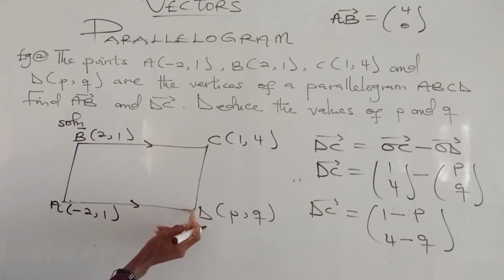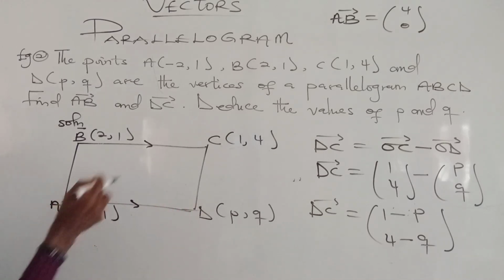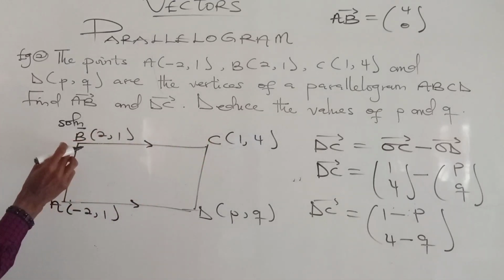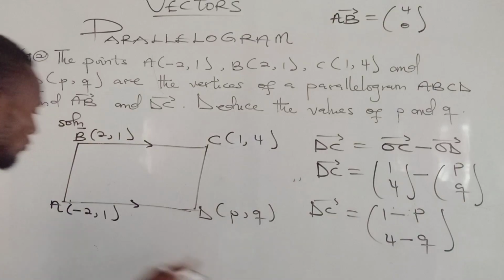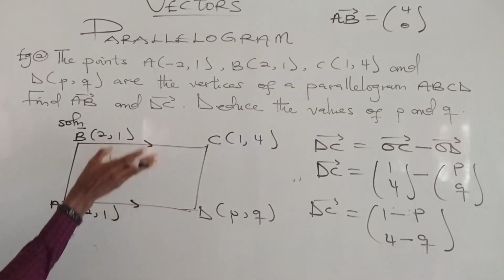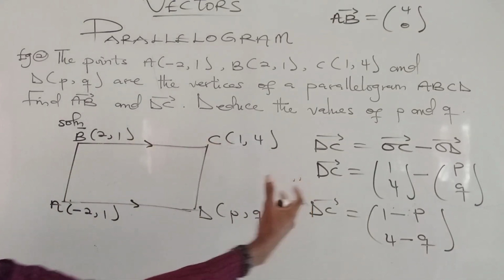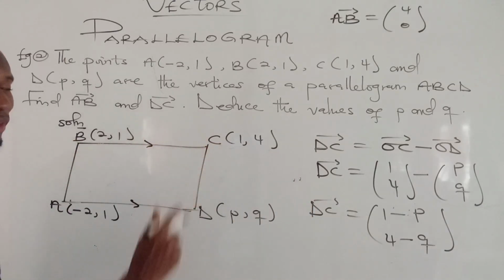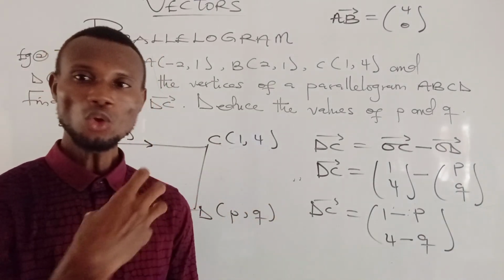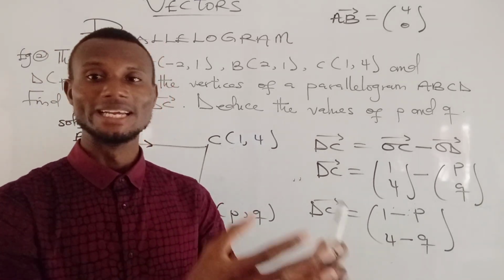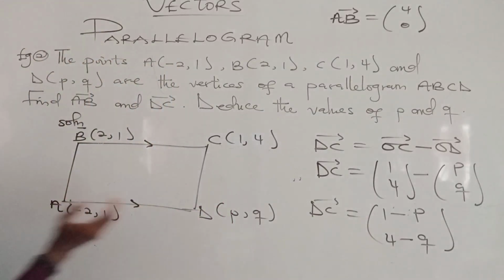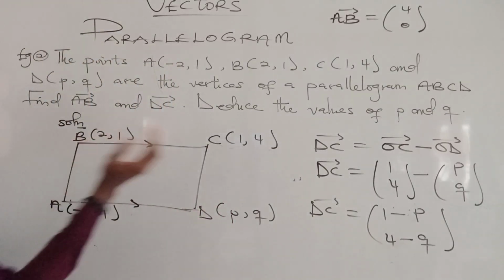When you choose to move from D to A, your arrow points towards A, and then here also you move from C to B. I have chosen to move from A to D, so my arrow points towards D, which means the opposite side also moves in the same direction, so I have to move from B to C. I explained this a lot in the previous video: the opposite sides of the parallelogram have to move in the same direction.